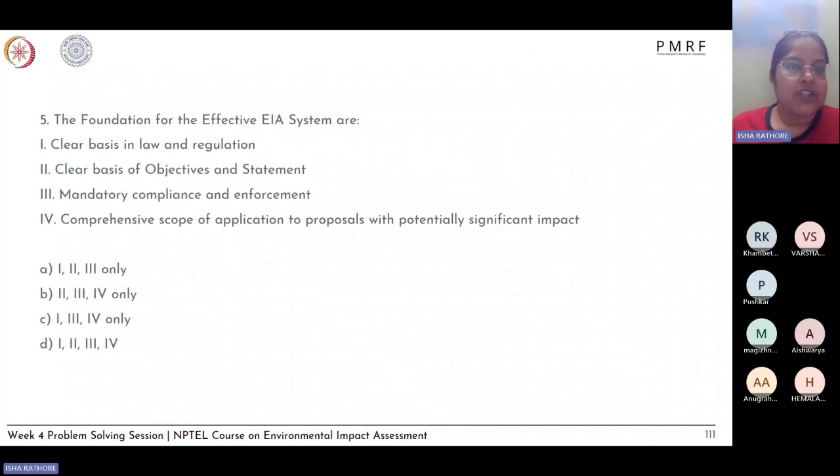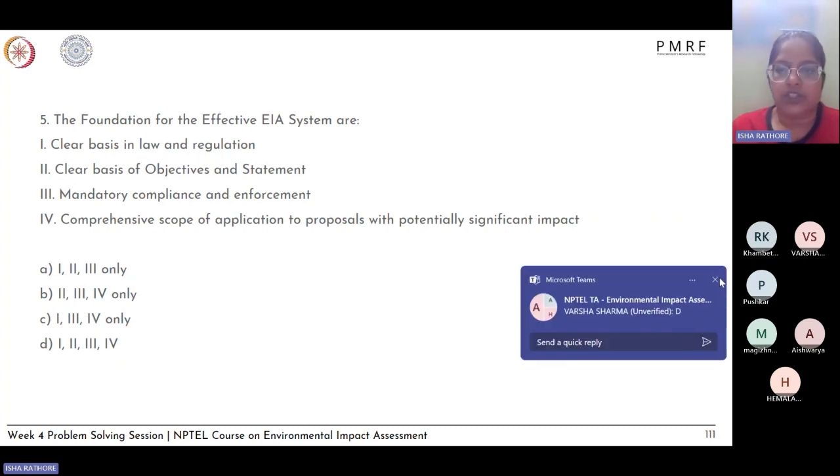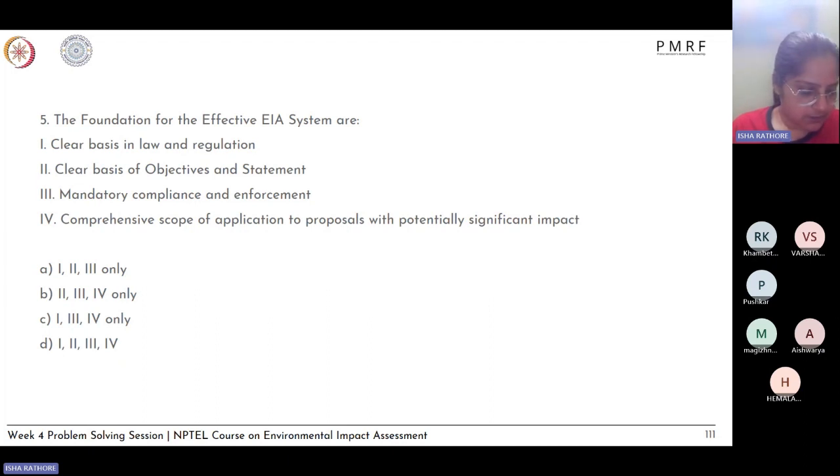Moving on, the foundations for an effective EIA system are: one, clear basis in law and regulation; two, clear basis of objectives and statement; three, mandatory compliance and enforcement; and four, comprehensive scope of applications to proposals with potential significant impact. So, which of these are the correct answers? Okay, so we have a few D's coming in. So D is the correct answer.